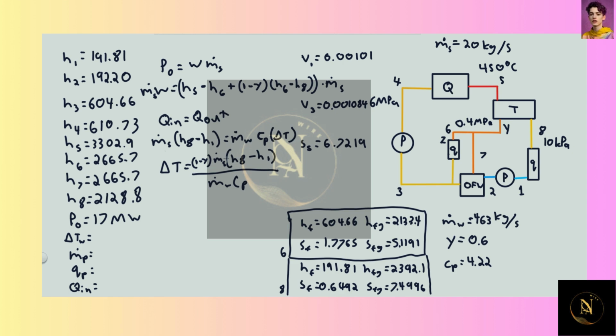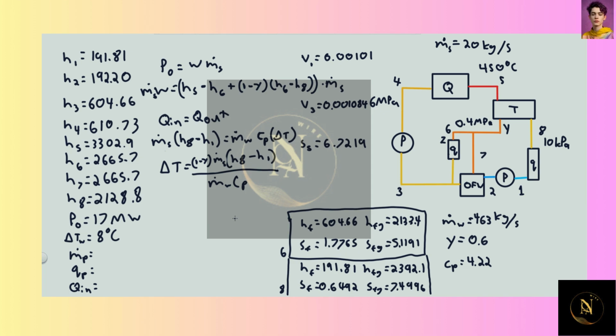And of course our y here is 0.6, so our 1 minus y will just be 0.4. So anyway, we can just plug in those numbers and get our temperature differential out of it, which will be 7.93 degrees, or for this problem, rounding to 1 sig fig, 8 degrees Celsius.